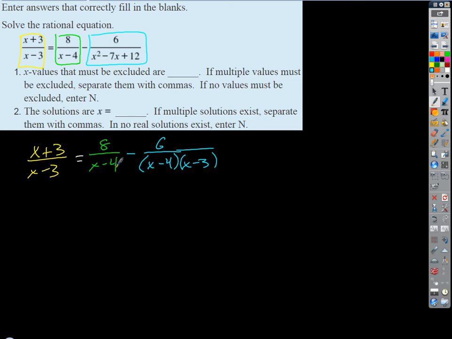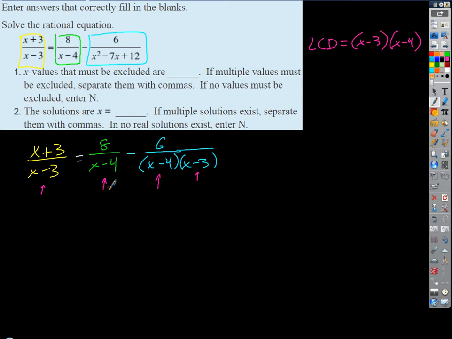The green fraction needs the product to include the factor x minus 4, and the blue fraction needs both. So it would just be x minus 3, which takes care of those two factors, times x minus 4, which accommodates those.